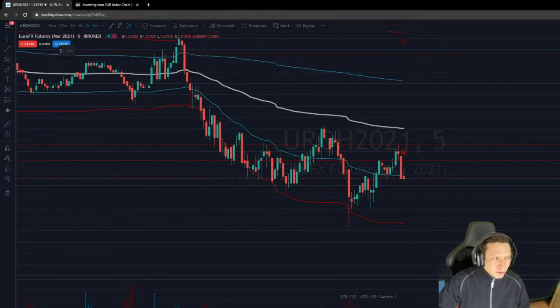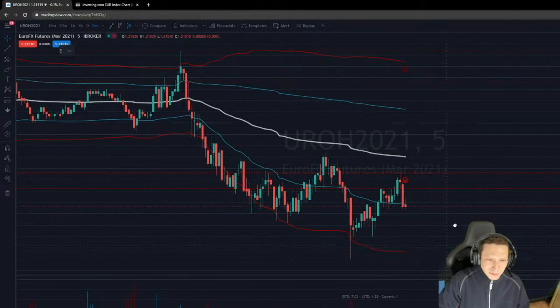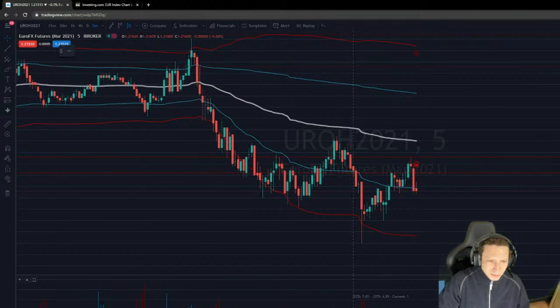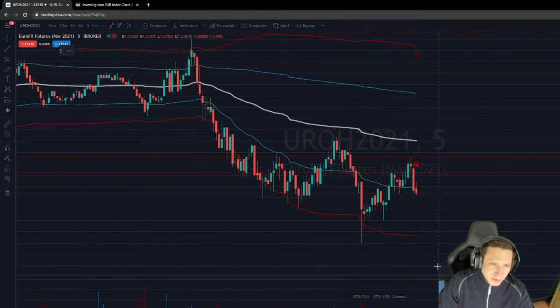Okay, so first, let's see which direction we are trading today. We're looking at the euro future here on TradingView. We have the UFOs active. Also, we have our climate indicator, which is showing us a change in direction right now.